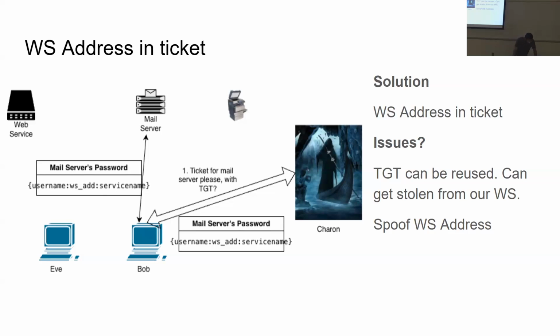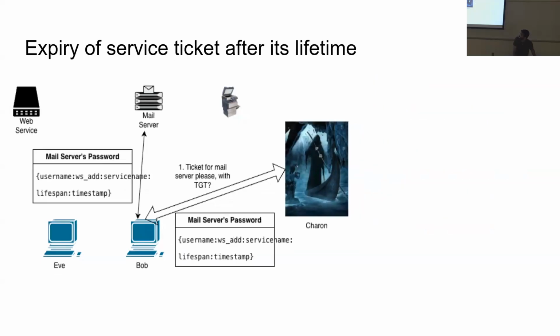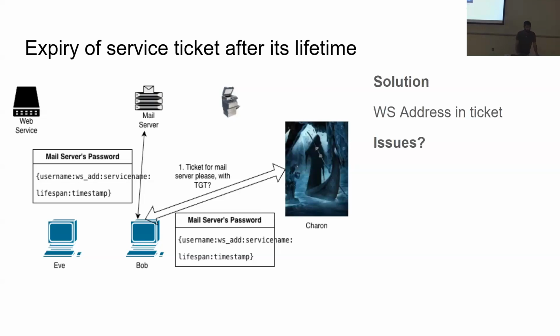So to circumvent that, what we do is we add a few more parameters to the ticket over here. The ticket is still reusable, but we add an expiry to the service ticket by adding a lifespan and timestamp. So we added the workstation address, the lifespan, and the timestamp.